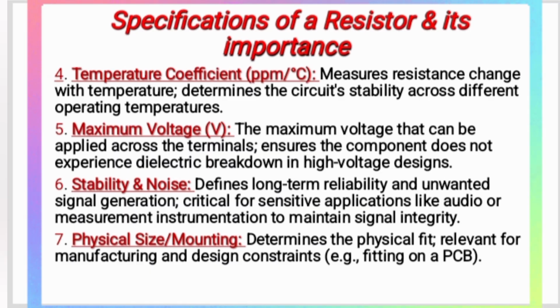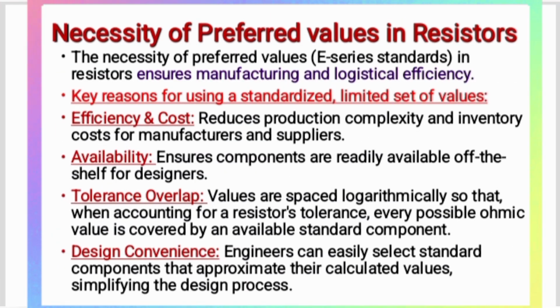Stability and noise: defines long-term reliability and unwanted signal generation, critical for sensitive applications like audio or measurement instrumentation to maintain signal integrity. Physical size or mounting: determines the physical fit, relevant for manufacturing and design constraints, for example, fitting on a PCB.